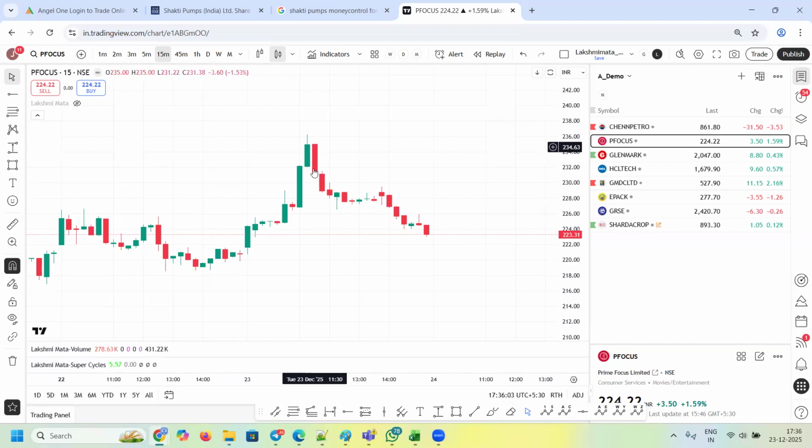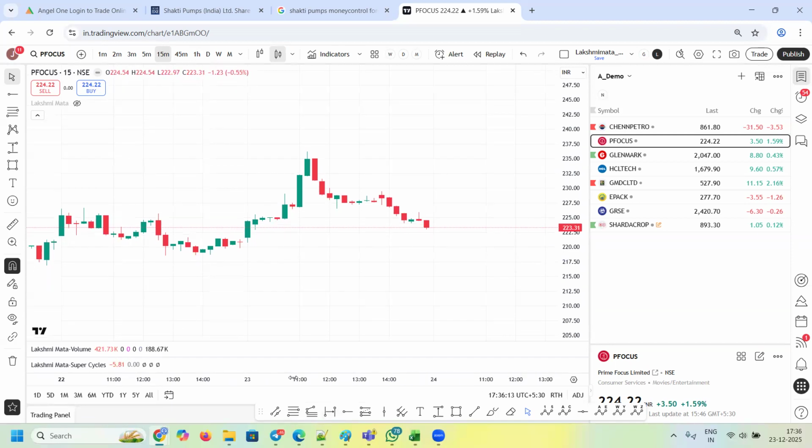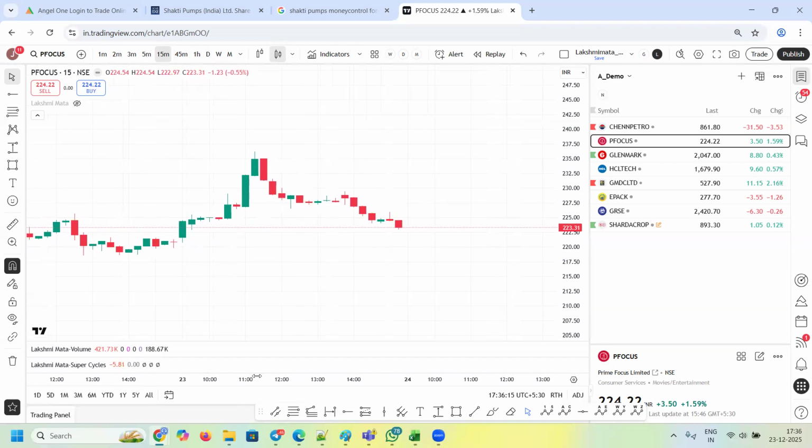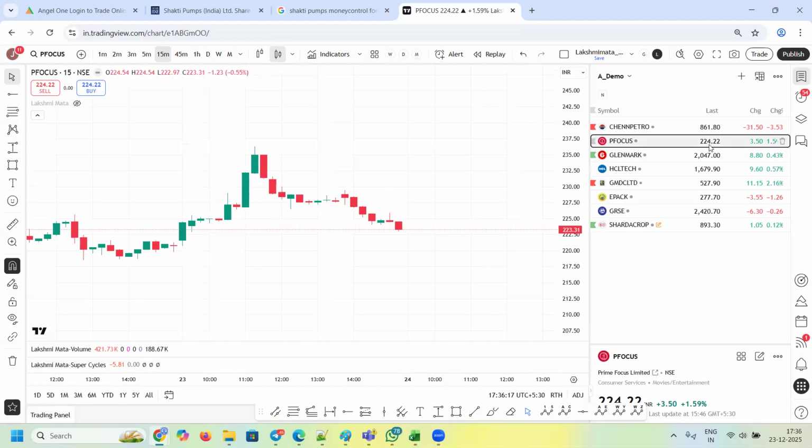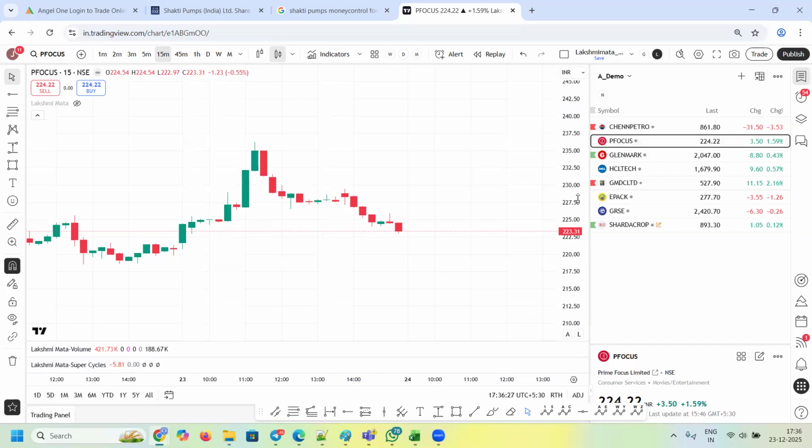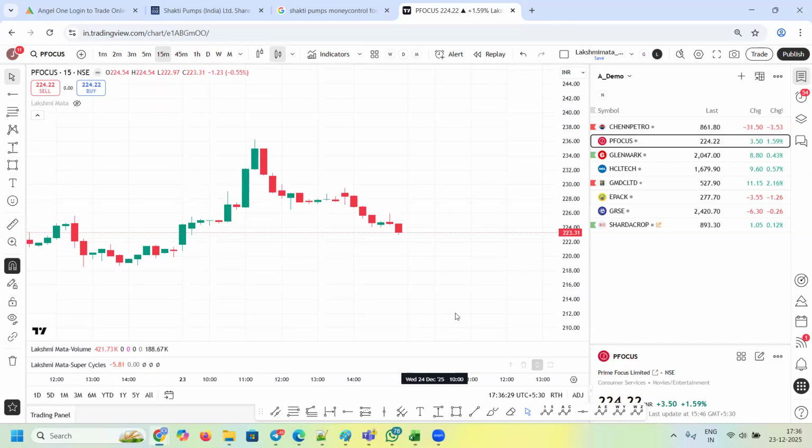This one and this one. If you see, the upper point is 235 and the lower point is 231. It is a 4 rupees candle. I'm just comparing the size of the candle. For a stock in the 200 range, 250 range, 450, 4 or 5 rupees suddenly in one candle is a good move.